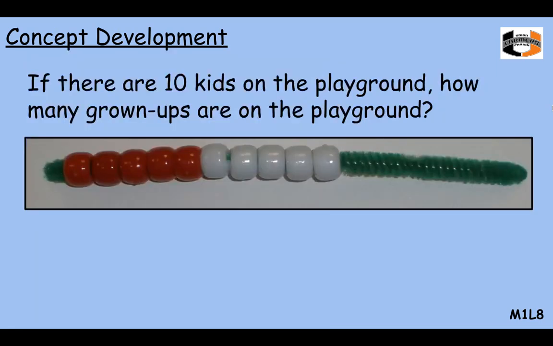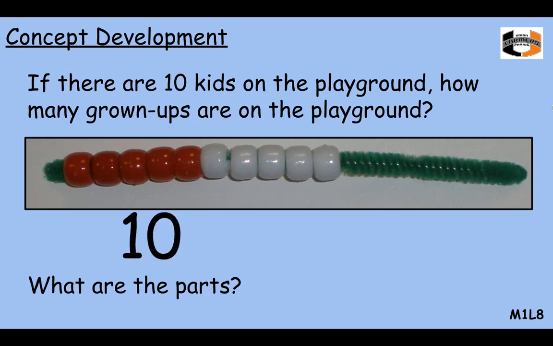If there are 10 kids on the playground, how many grown-ups are on the playground? 0. What are the parts? 10 and 0.